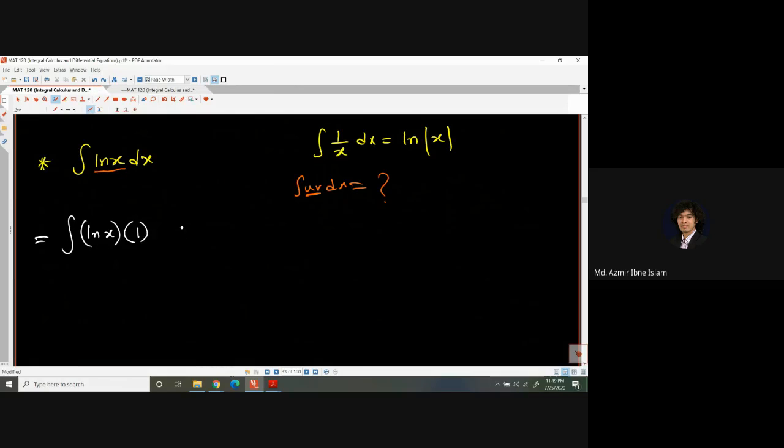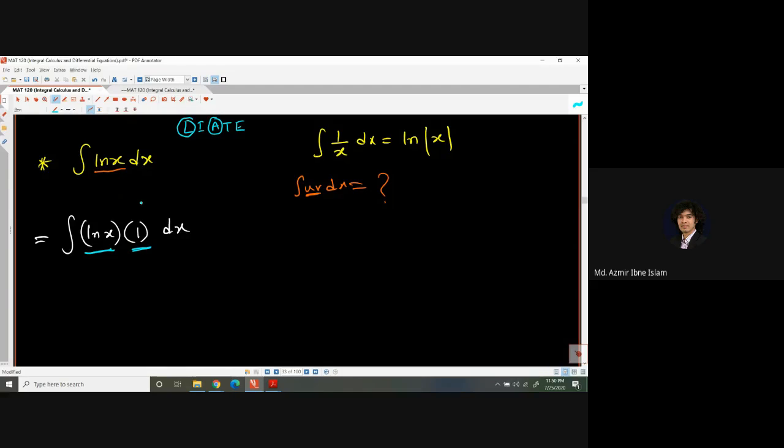So now we can see that we have a total of 2 parts. Maybe the first part is u, the second part is v. But how can we be sure? We can have a look at the LIATE form. Here we can see we have a logarithmic function and an algebraic function.